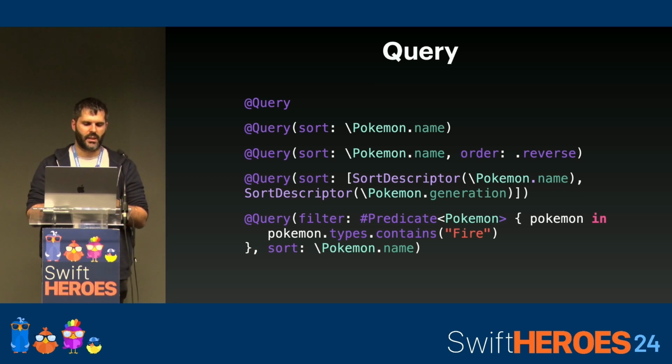With predicate, actually, we have some problems because they don't manage very well optional values. So if you have an optional property in your models, there are sometimes some problems. And they don't manage enums.